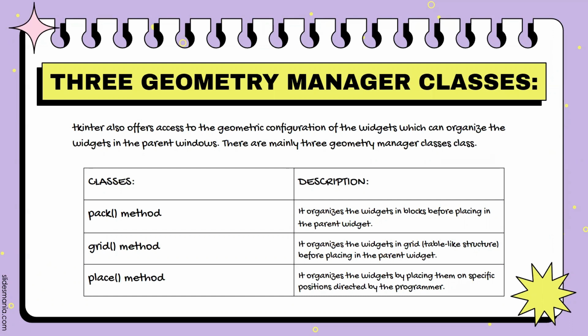For example, let's say in one main window you have a button and a label. Let's say we want the button to be right next to the label, or you want the label and the button to be in the middle of the screen. If you want your widgets to be in a certain area or location, you would use one of these methods.